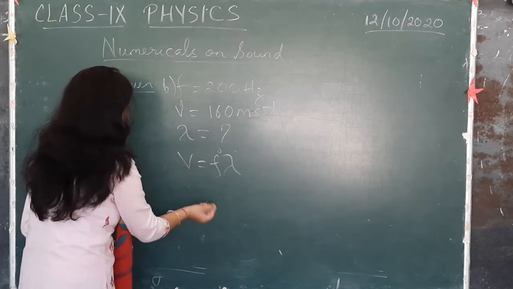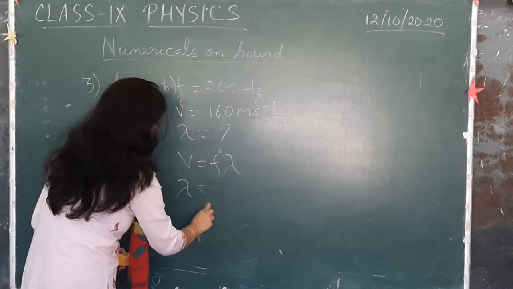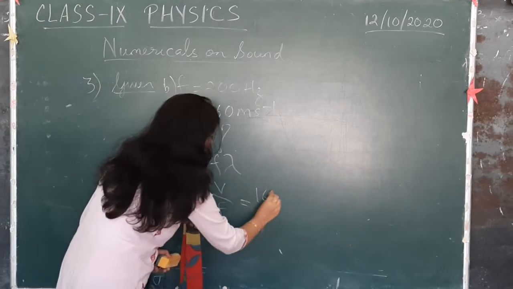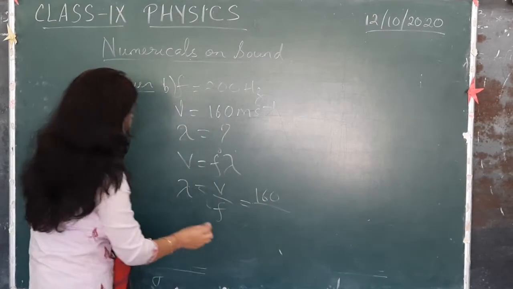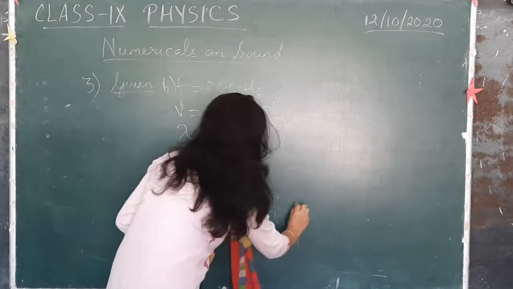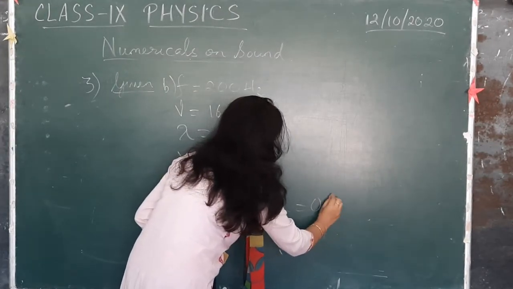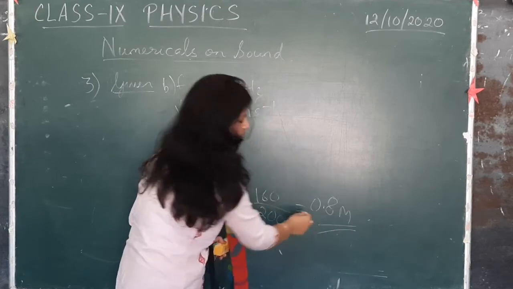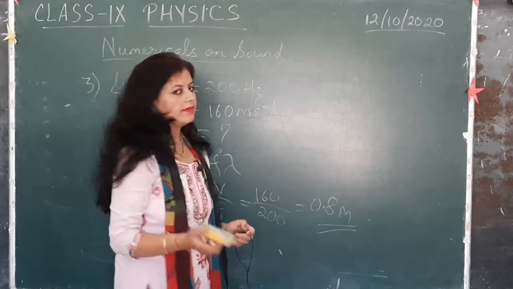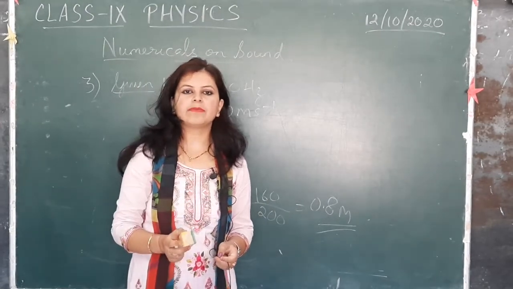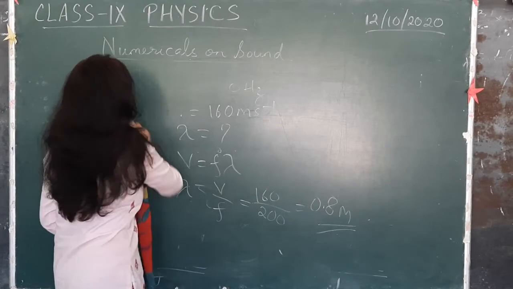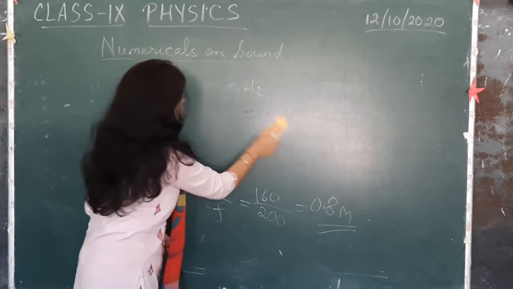So lambda is equal to V divided by f. Value of V is 160, value of f is 200. On cancelling, you will be getting lambda to be equal to 0.8 meter. So here we have applied the alternative formula, and the calculated value has been used in this formula. So these are the different ways in which you can solve the numericals.